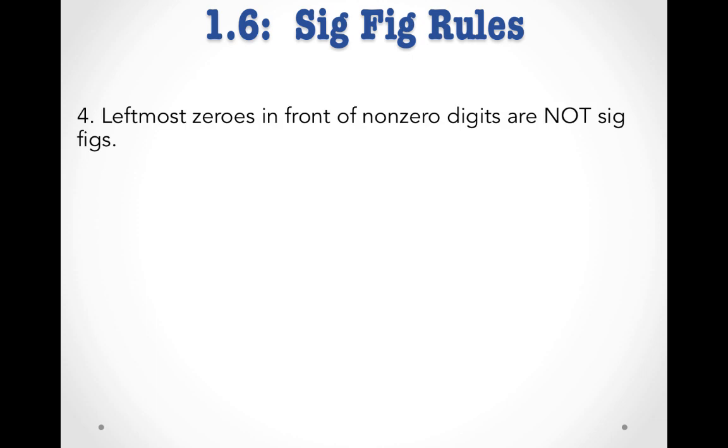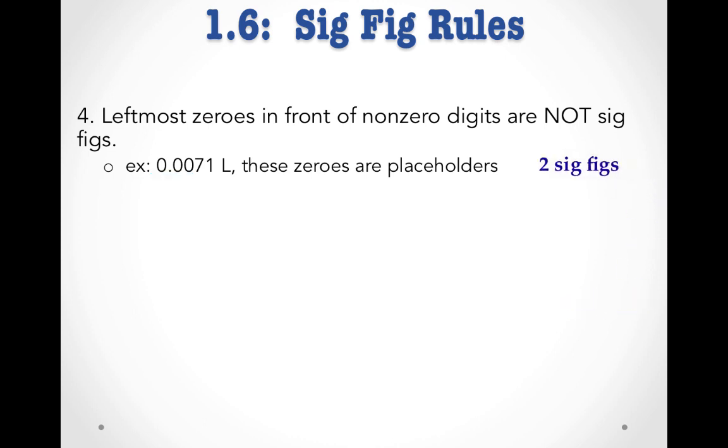Leftmost zeros in front of non-zero digits are not significant. In this measurement, 0.0071, these zeros are merely placeholders. They put us in the right order of magnitude, but do not affect the precision of our measurement. Therefore, they are not significant, giving this measurement 2 sig figs. 1, 2.